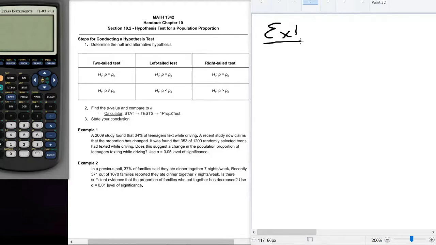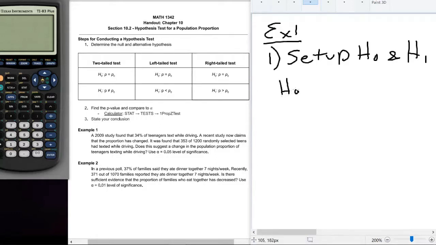So the first step is to form the null and alternative hypotheses. So we're going to set up the null and alternative. For the null and the alternative, we first need to identify the parameter that's being used.